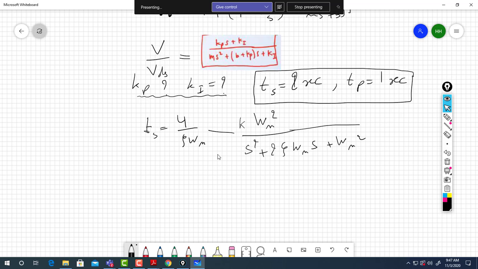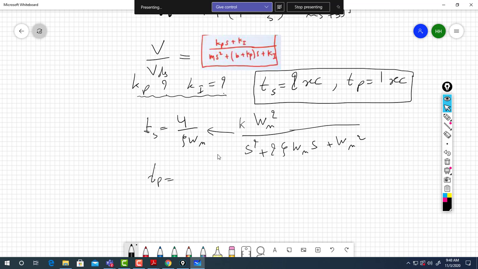So this is valid for this basic form. There is no zero in the numerator. Here you have a zero in the numerator. So I was talking about a canonical second order system. Settling time equal 4 over zeta omega n is not valid for a non-canonical system.